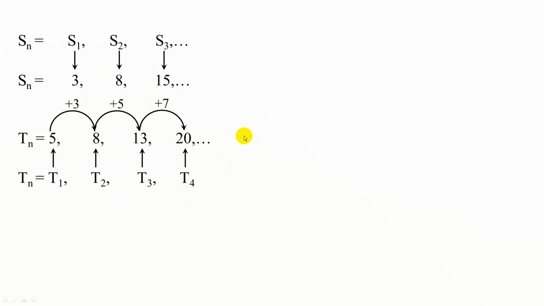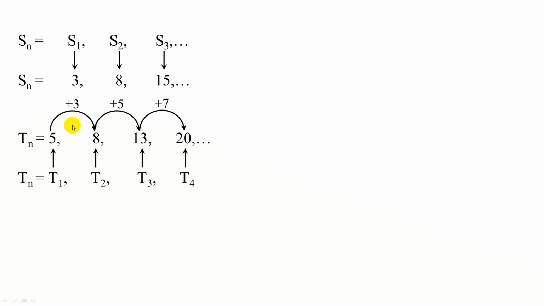So now I want you to focus on T1, T2, and S1. What is the relationship between T1, T2, and S1? You see, T1 is 5, right? T2 is 8. S1 actually is 3. So what is the relation between 5, 3, and 8? How do you get 8 actually?